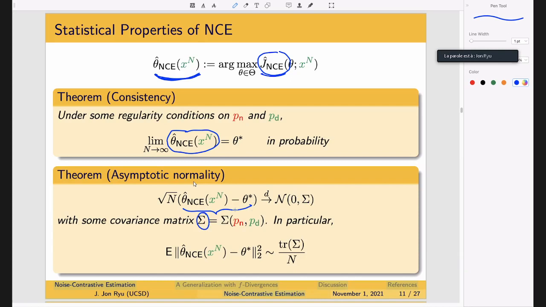In particular, based on this asymptotic normality, in the asymptotics the MSE of this estimator is roughly the trace of this covariance matrix divided by n. Right, so this is a typical argument and typical result in the parameter estimation literature.